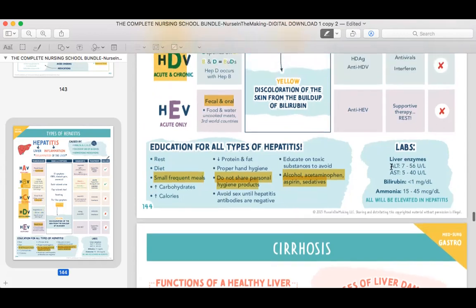Your liver pertains to ALT and AST lab values. Don't memorize this for right now for ATI, but they're all going to be elevated. Your bilirubin, if you have high bilirubin, you're going to have jaundice, because your body isn't breaking down the red blood cells.